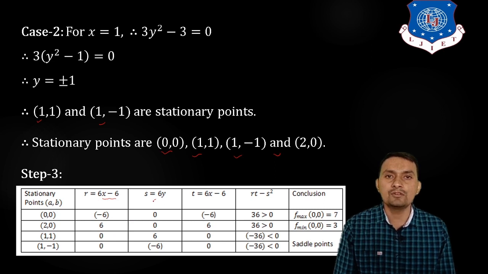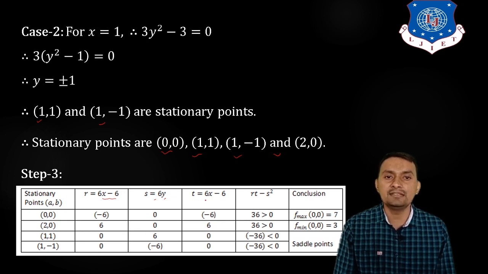But what about s? When I consider all these stationary points, I only need to concentrate on the y coordinate. So y is equal to 0, so this is 0. Again this is 0. Here we have 1 and then minus 1. So when y is equal to 1, s will be 6, and when y is equal to minus 1, s will be minus 6.